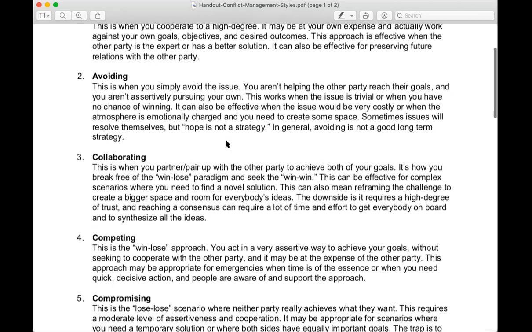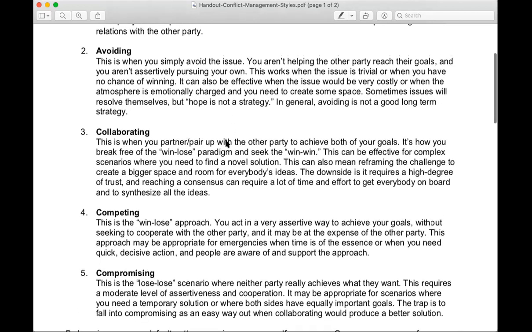The next one is competing. Competing is where, just as it sounds, you compete. You act very assertively for something you want and to achieve the goal, and don't care about what the other party wants. Really, it does come at the expense of the other party.